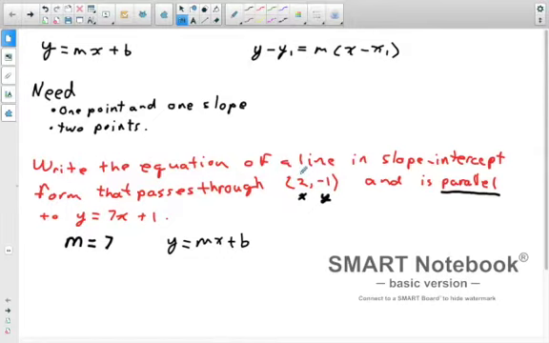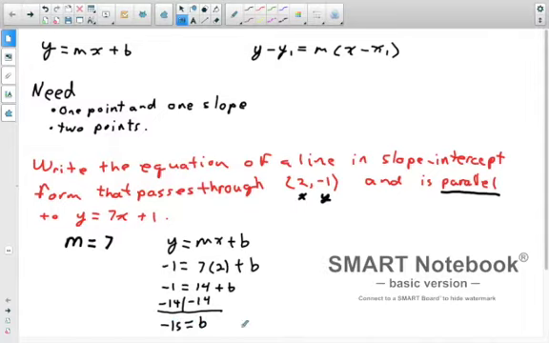Luckily, we have an x and a y. So, -1 is going to equal 7 times 2 plus b. Now, 7 times 2 is 14. So, -1 equals 14 plus b. And then when we subtract 14 from both sides of our equation, we end up with -15 is b.